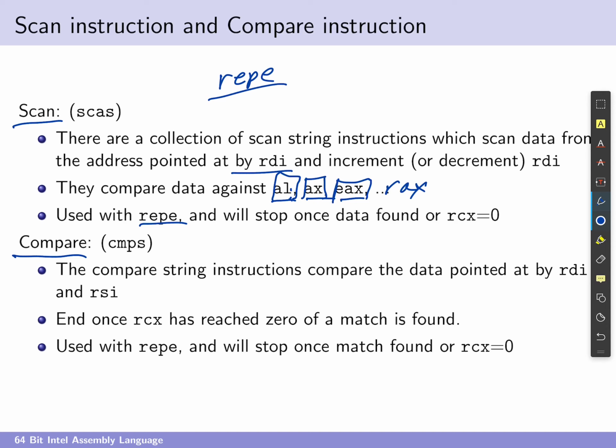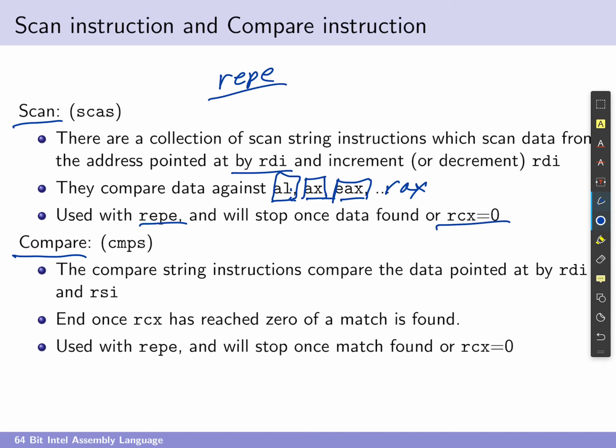So in this case, it will be scanx. It will shift the RDI register based on the size of the element we're working with, again depending on the direction flag, whether we go up or down. However, what's different here is that it will not just continue until RCX is 0.